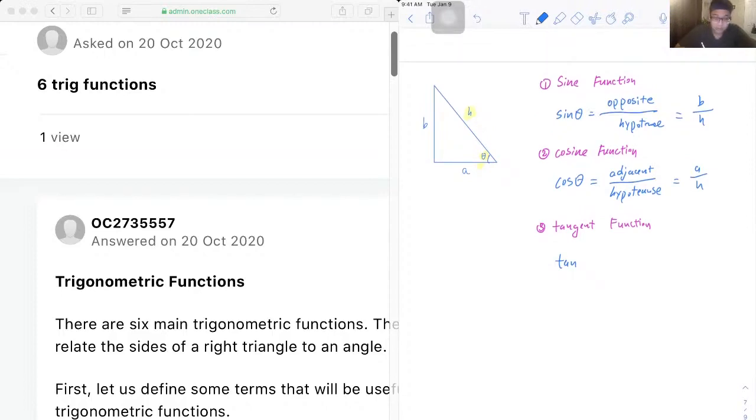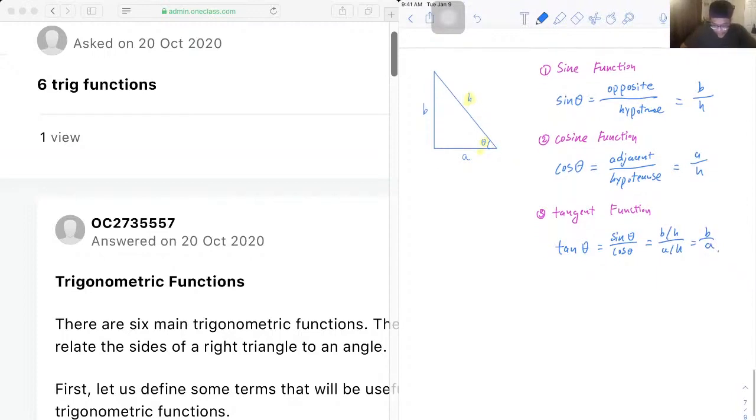So tangent theta is equal to sine theta over cosine theta. And if we substitute what we have earlier, we'll get b over h over a over h. And by simplifying this, we will get b over a. Okay, so that's all we have for this.